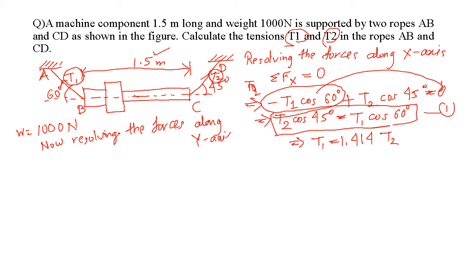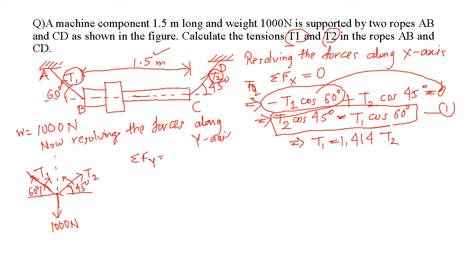What will we get? Draw the free body diagram: body weight 1000 Newton, T2 at 45 degrees and T1 at 60 degrees. Now we are resolving the forces along the y-axis, meaning we resolve these forces in this direction and T2 in this direction. How can we write this equation?